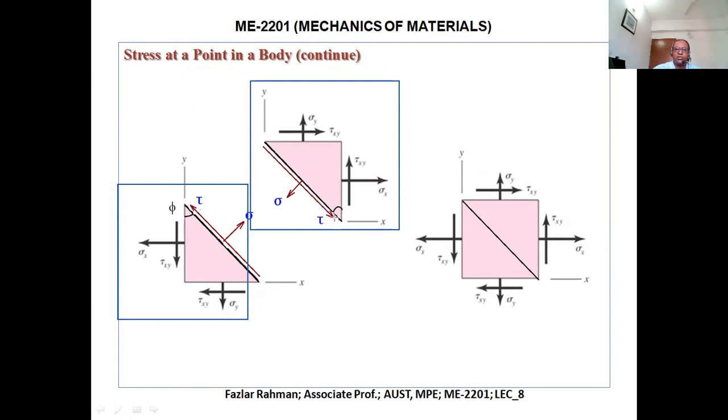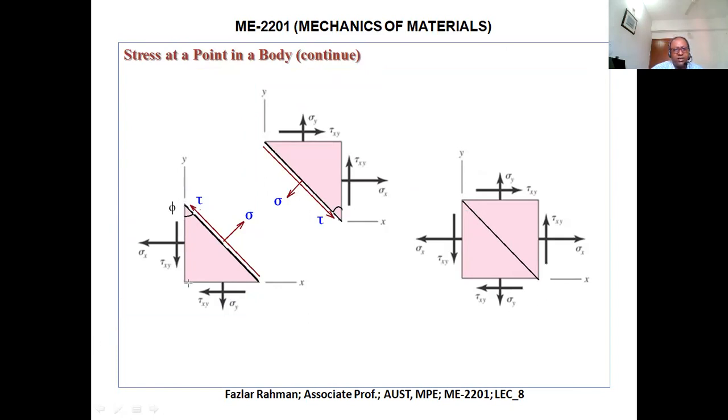And this tau over here, you can put upward, no problem. If you put upward over here, then over here will be downward. So we cut the body right over here, then this one keeps the same. And over here, we take tau upward, sigma is tension. And this angle right over here is phi. Similarly, in the top upper portion, this is tau, this is sigma, this is angle phi.